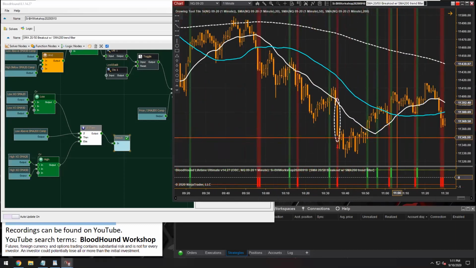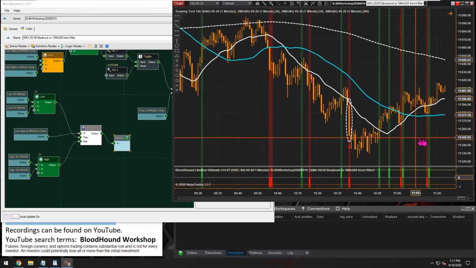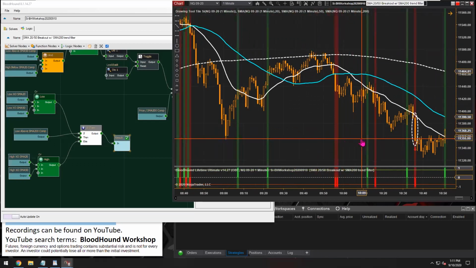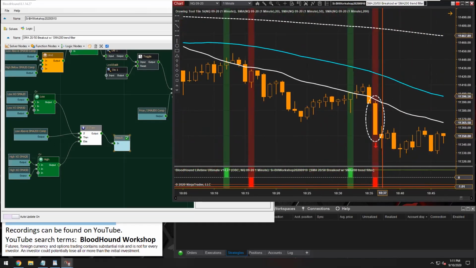Scanning through here, it looks like everything's working. Let's zoom in here. So here we go. What we're seeing now are the crossover signals of the low price.